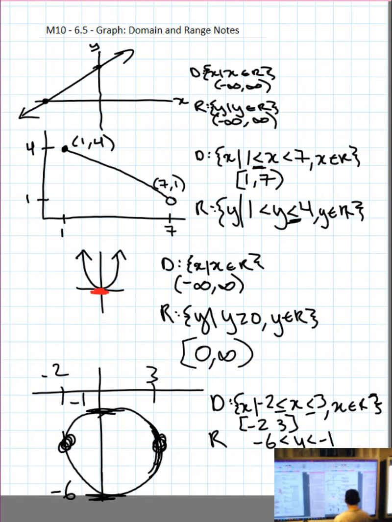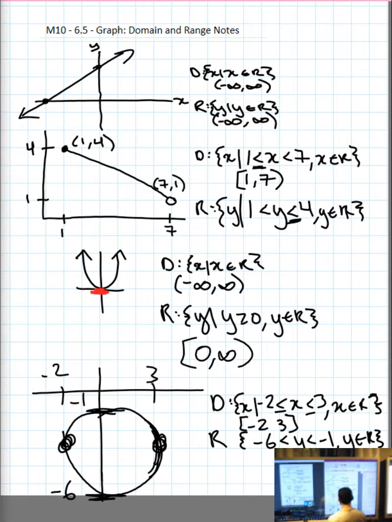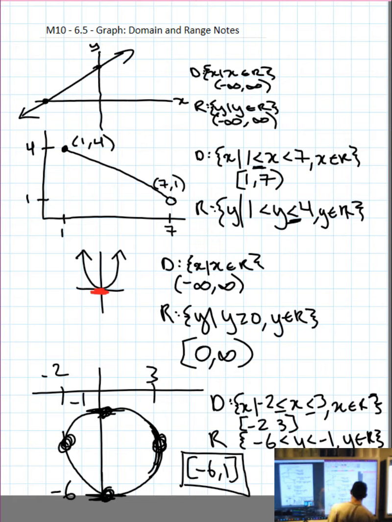Sorry. y ∈ R, we can be continuous between there. Curly brace, curly brace. Now I'm running into it, so I just have to write the interval in this box right here. And the interval notation for range is y is just going from -6 to -1. And we have good points on both sides, so it's equal to, so square brackets. So domain and range.